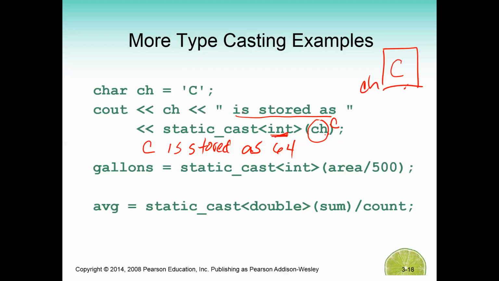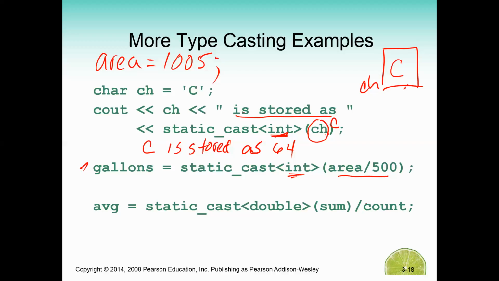Again, here they are using it in an assignment operator. Let's suppose that in area we have 1005. Area is assigned this value. Okay, so then we have this line. We have gallons is assigned the value of static cast INT. So change it to an INT, whatever is the result of this operation.